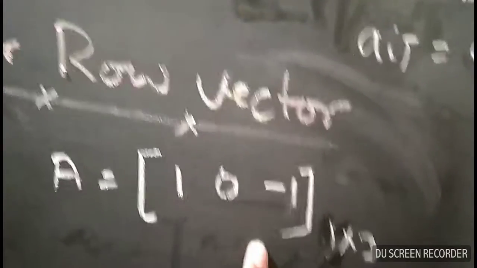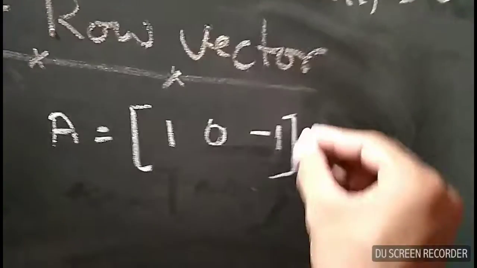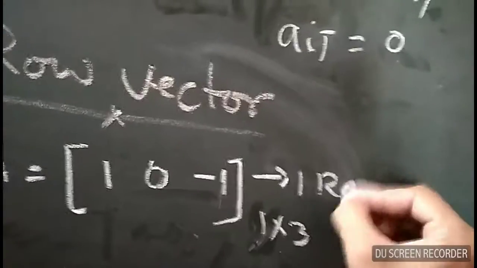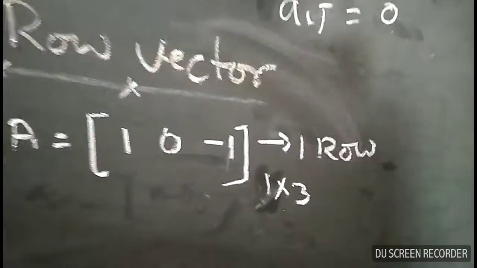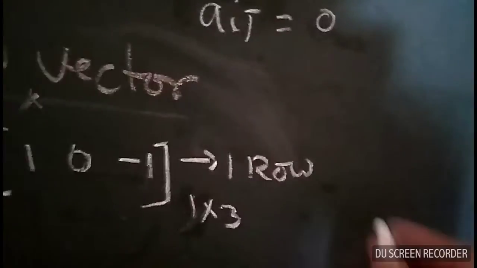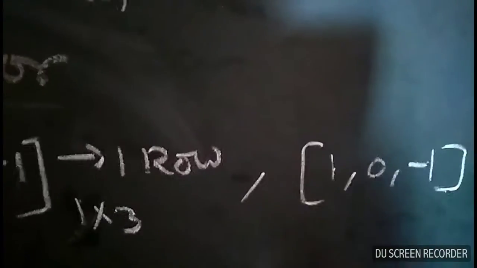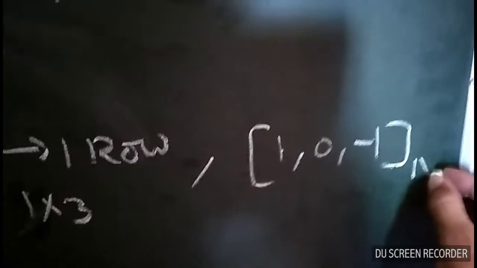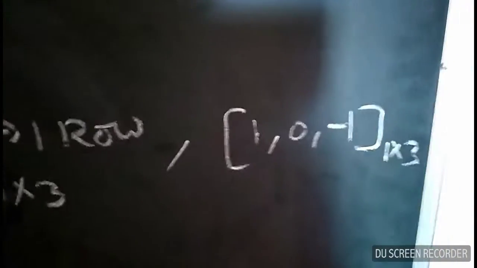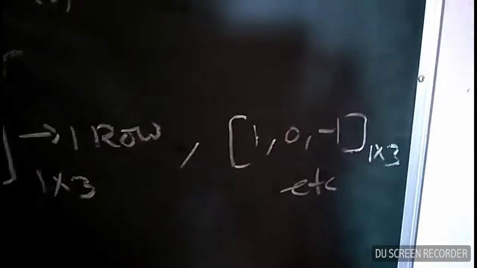Then this matrix is said to be a row matrix because here only one row is present and there are so many columns. Another example, 1 0 minus 1, that is 1 cross 3, etc. There are so many row matrices in which there is only one row.